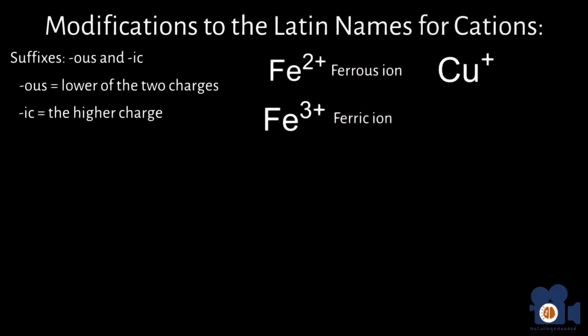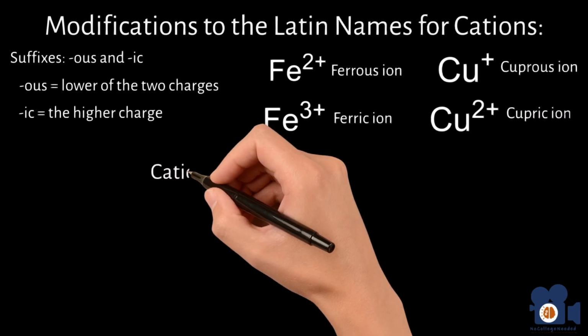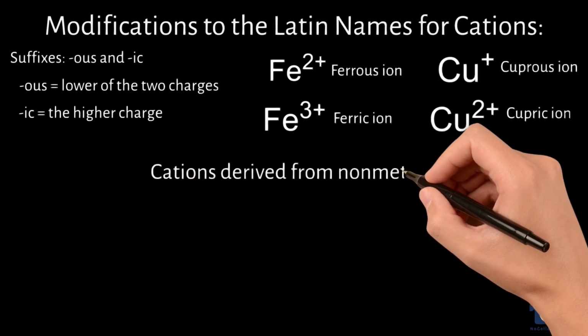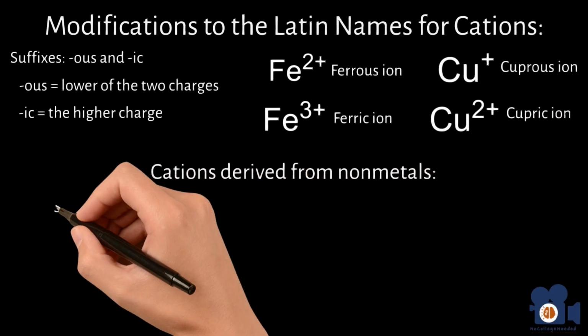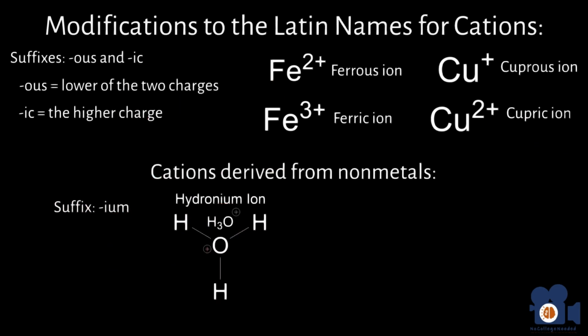Similarly, Cu+ is known as cuprous, and Cu2+ is called cupric. Cations derived from nonmetals are named using the suffix IUM. For example, H3O+ is called the hydronium ion, and NH4+ is referred to as the ammonium ion. When naming anions, there are a few different rules to follow.